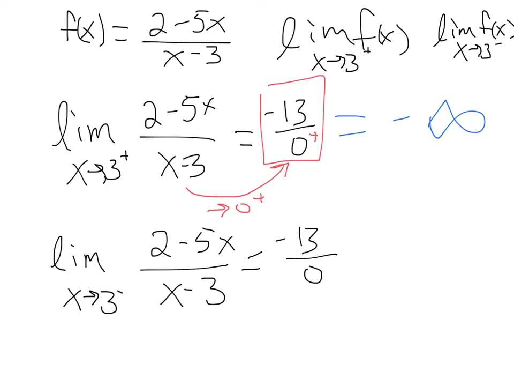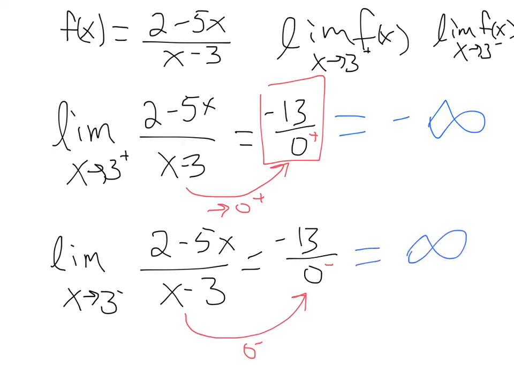And over here, if we take a number just a little bit less than 3, so 2.999999999, then we have a number that's really close to 0 but on the negative end. And so as x approaches 3 from the left, this is approaching 0 from the negative end. And so this is -13 divided by a negative really small number, and so this gives us positive infinity.